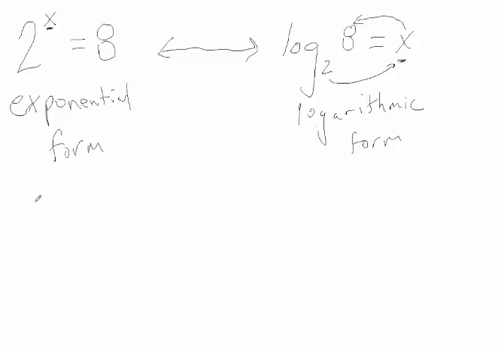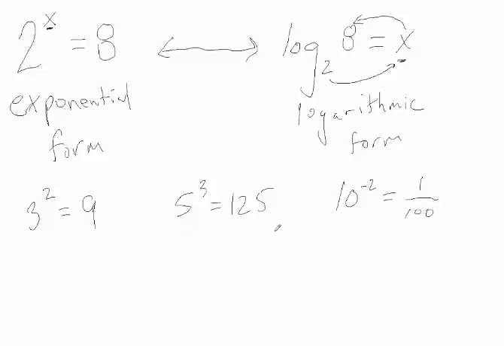Okay, so think of some things we know. So 3 to the second power equals 9. 5 to the third power equals 125. 10 to the negative 2 equals 1 over 100. Okay?